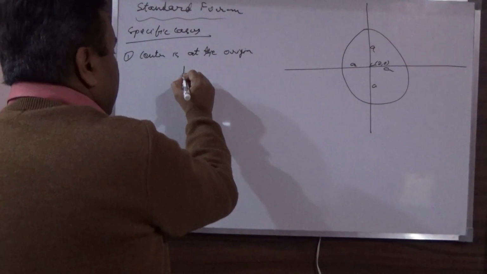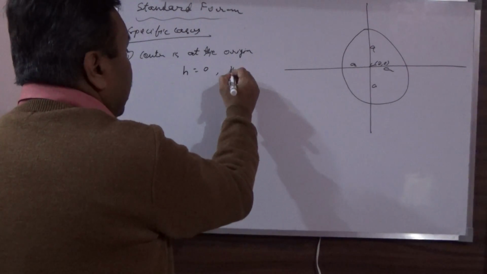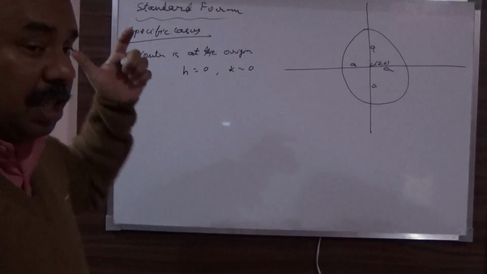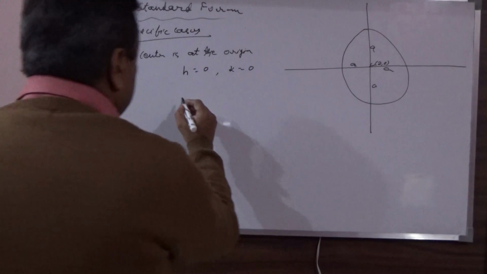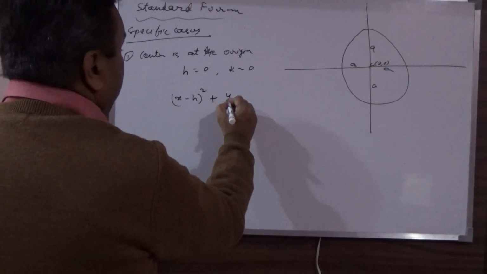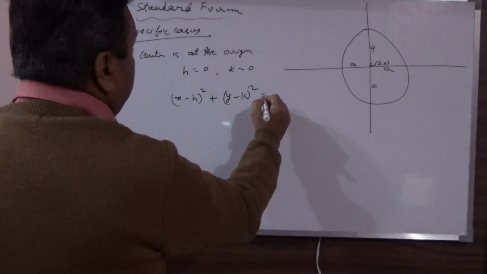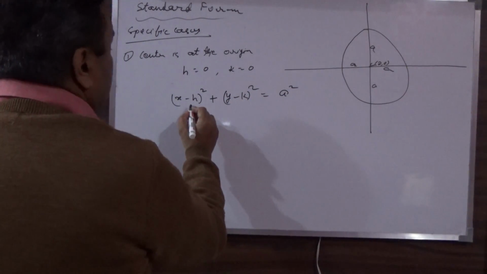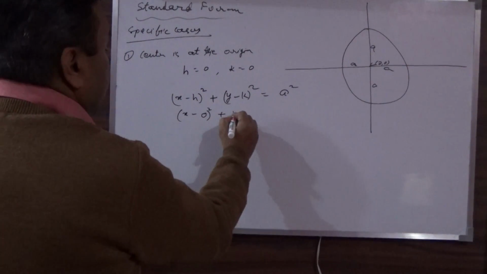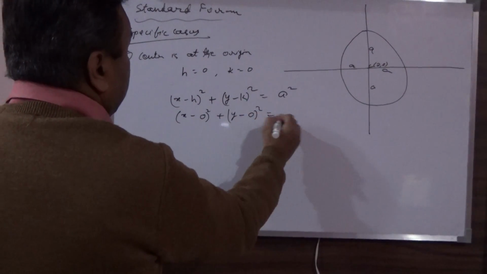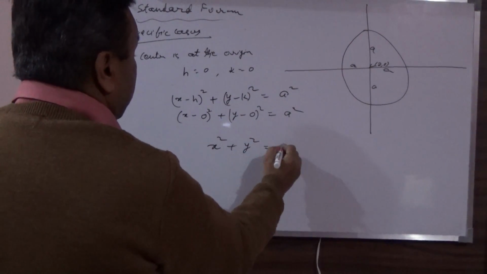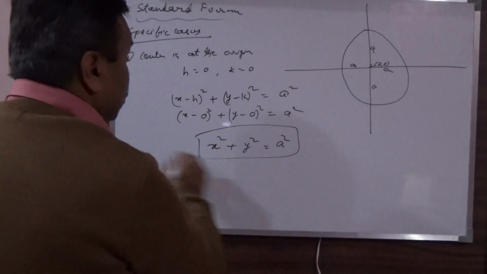That H is equal to 0 and K is equal to 0. Now I will use the same formula, that is x minus h whole square plus y minus k whole square equal to a square. So x minus 0 square plus y minus 0 square equal to a square, or I can write it as x square plus y square is equal to a square.